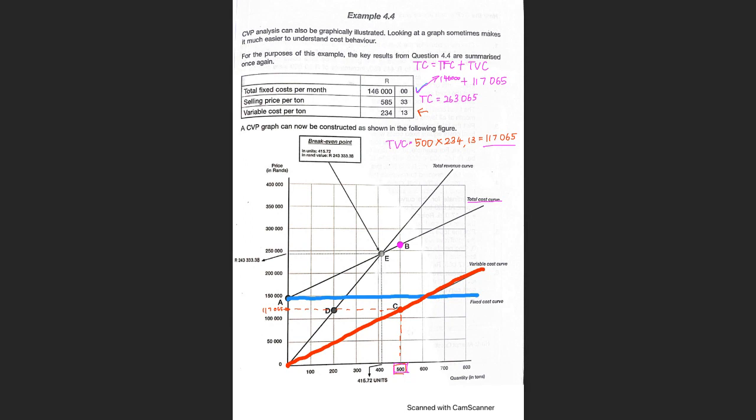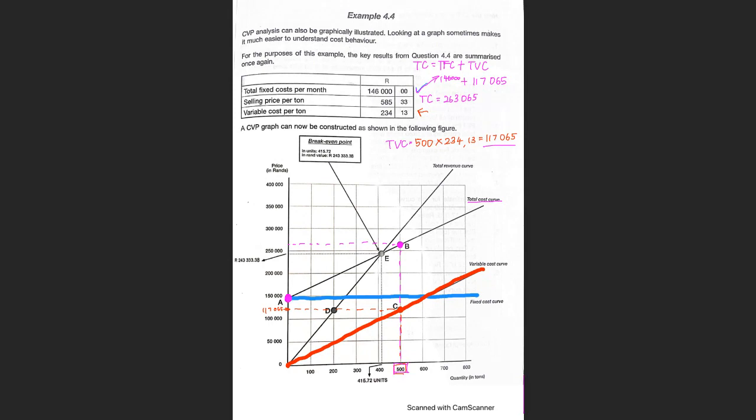So now we will plot at the 500 units coming down here, and then at the respective cost of 263,000, which will be just above the 250,000 mark. That is your 263,065, and that's how we got to the 2 points for your total cost curve.